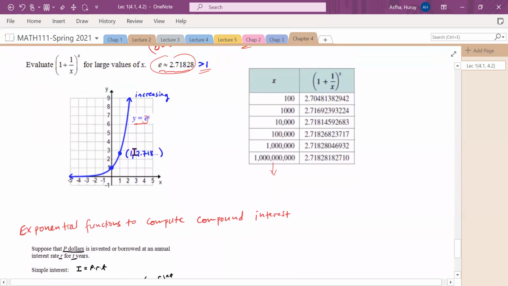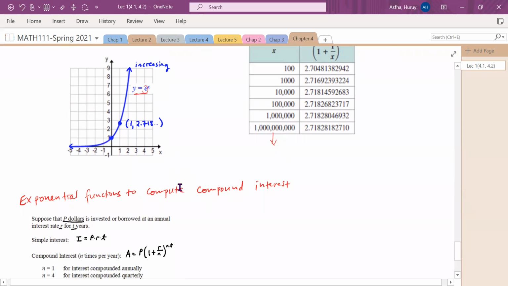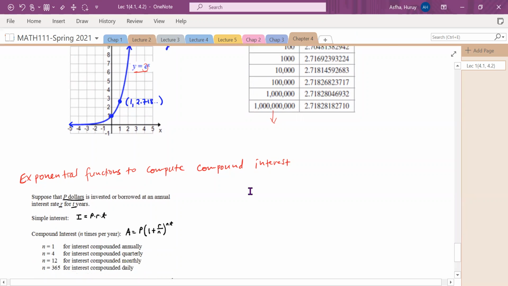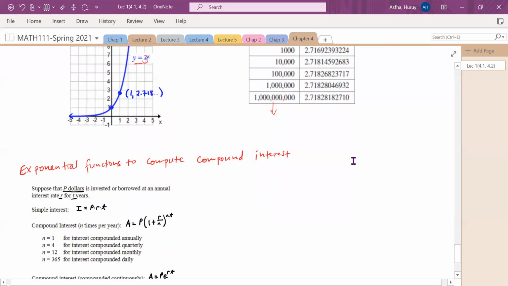And the reason why we are learning this one is because it's very useful in calculations. It has applications, one of which is calculating compound interest.